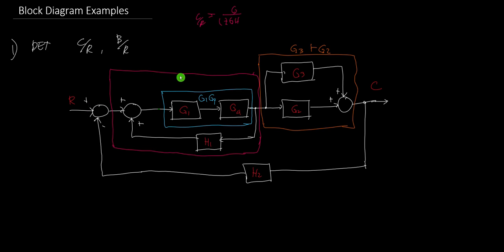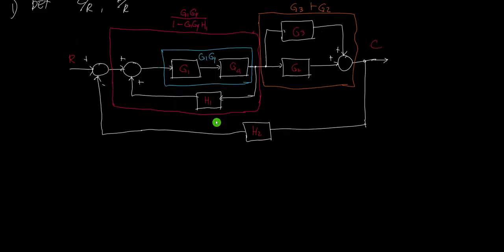So this one now will be equivalent to G1 times G4 all over 1 minus G times H, because this is plus, so it should be minus. Our G is G1 times G4 and our H is just H1. So this purple one here is equal to this transfer function.